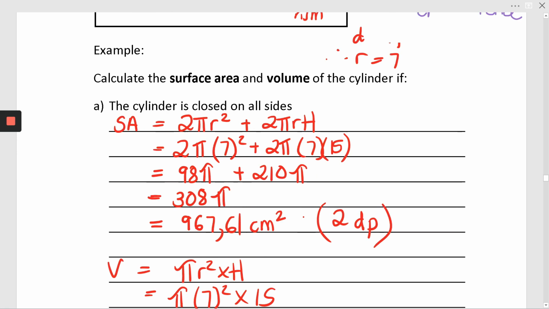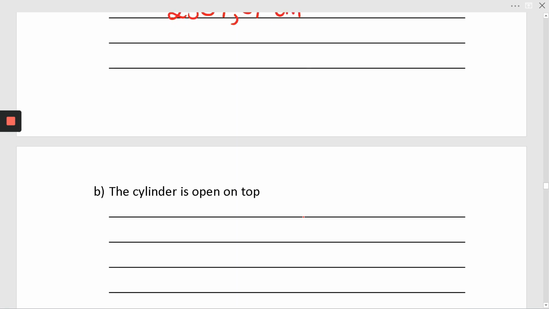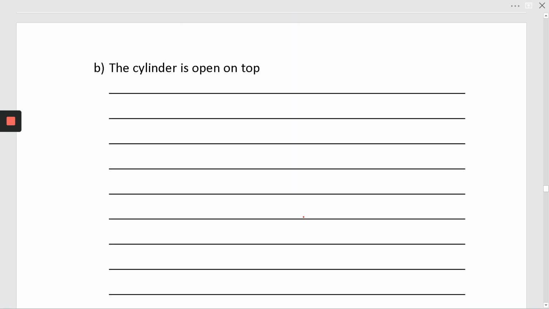So the second part of the question was, what if the cylinder's open on top? Well, if the cylinder's open on top, then my surface area will change, but the volume will stay the same. Okay, so the surface area loses 1 circle because it's just going to be open on top, not also at the bottom, like for example a toilet roll.